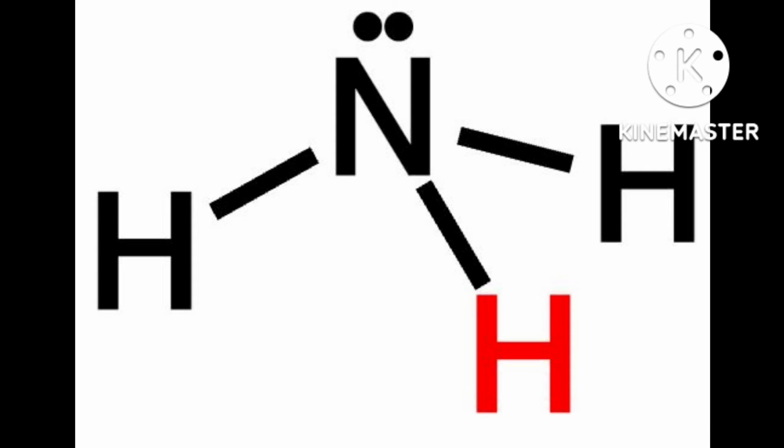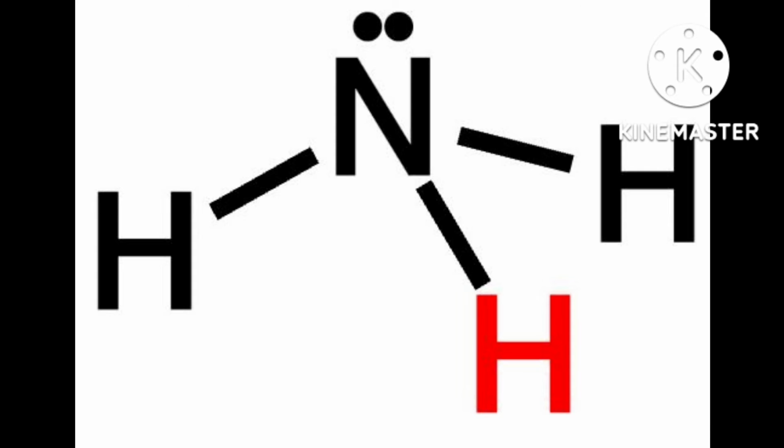The shape should have been tetrahedral if there were all bond pairs, but 2 lone pairs are present. So the shape is distorted tetrahedral or angular. The reason is lone pair repulsion is more than lone pair bond pair repulsion, which is more than bond pair repulsion.